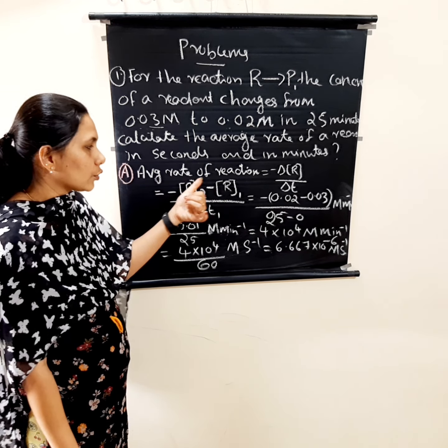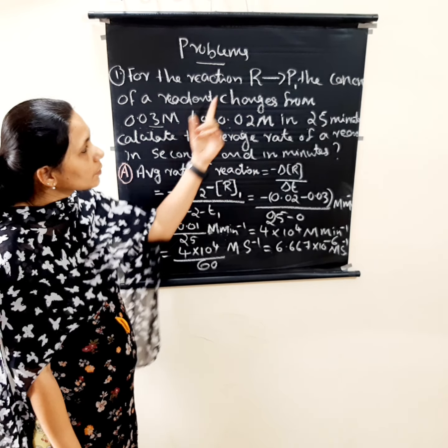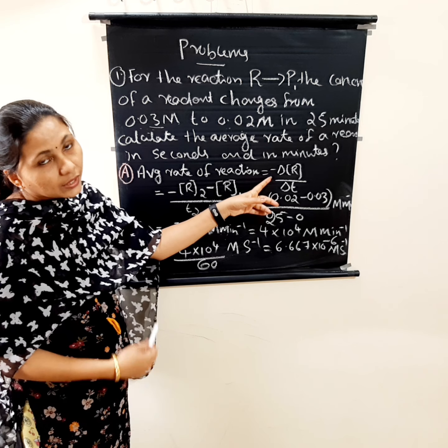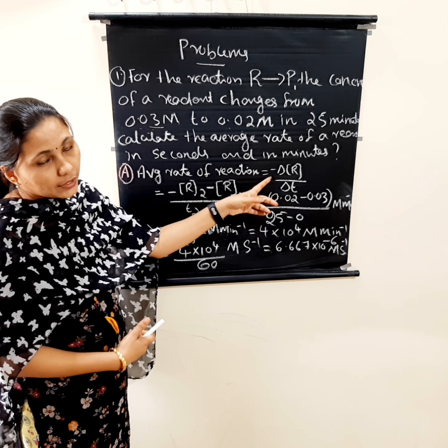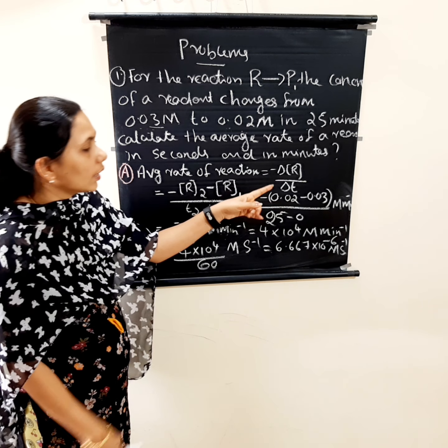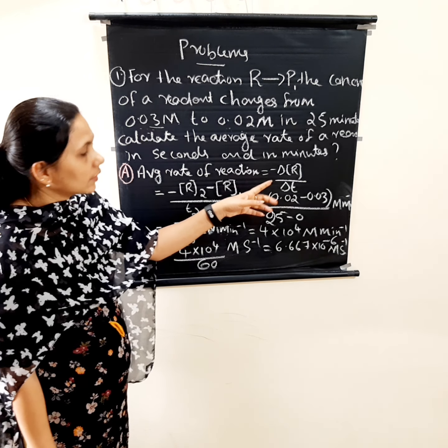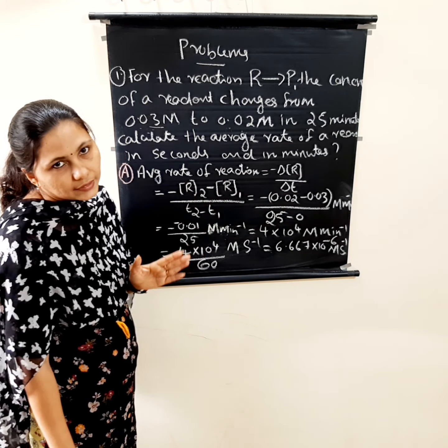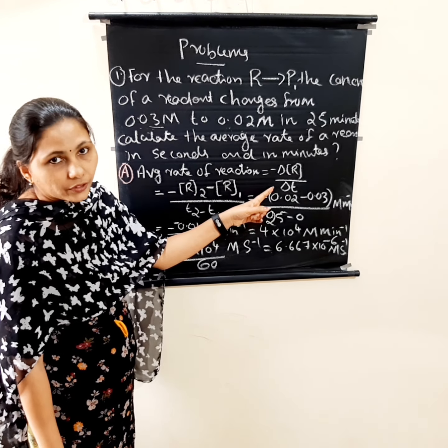Average rate of a reaction, in terms of reactant, how are we writing it? We are adding a minus. I told you why we add minus in the case of reactants, and why we put positive in the case of products. Here, in terms of reactants, we write minus delta concentration of R divided by delta T. This is the equation for average rate.